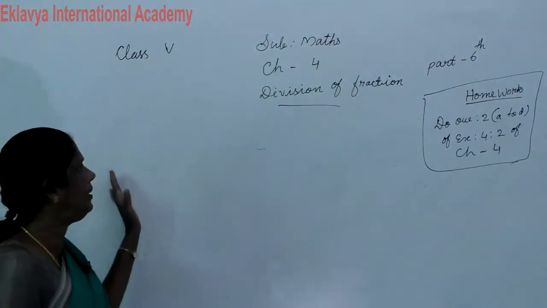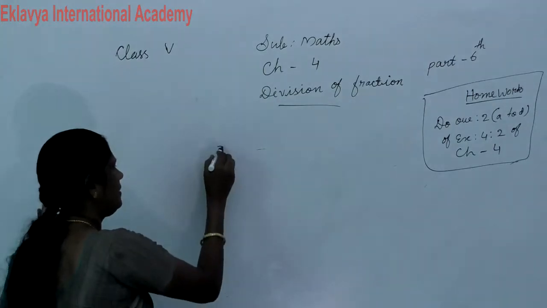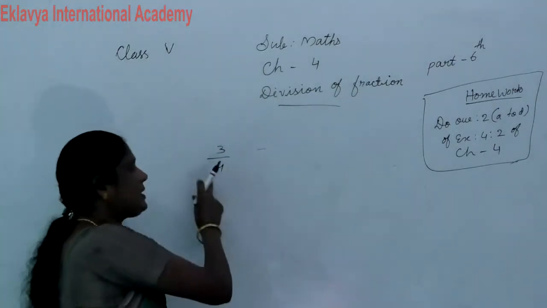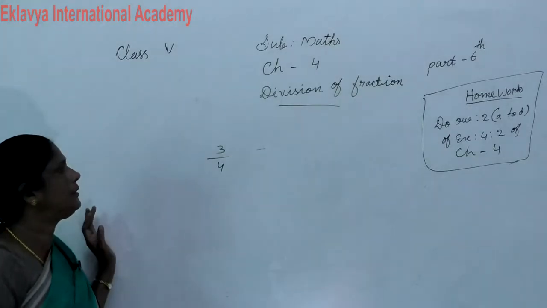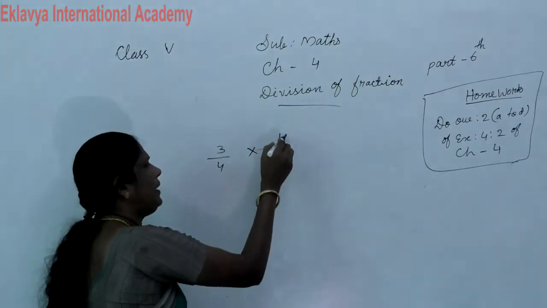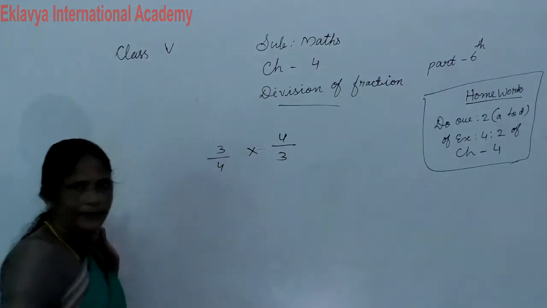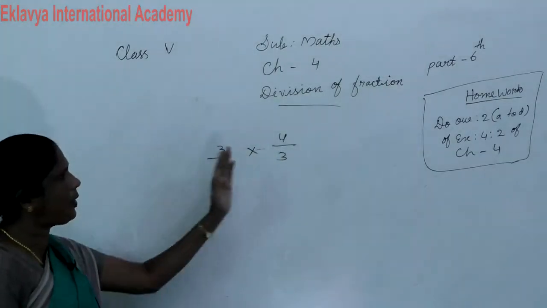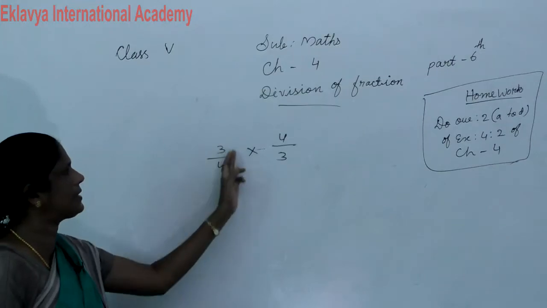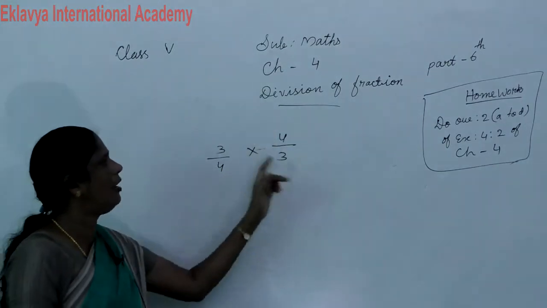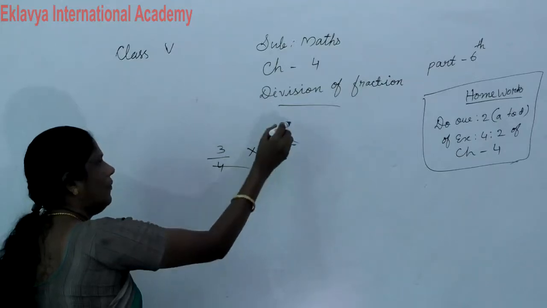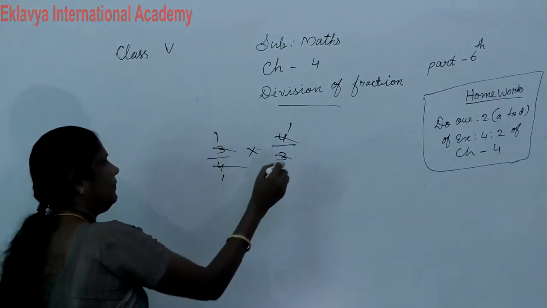For example, what is 3 by 4? Then what is the reciprocal of 3 by 4? That is 4 by 3. Reciprocal means multiplicative inverse. This fraction is the inverse of 3 by 4. That is, we cut 1 with 1, and 1 with 1.